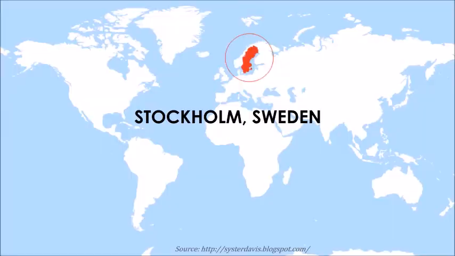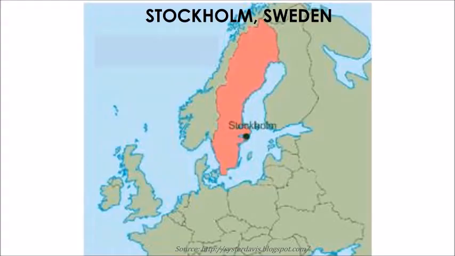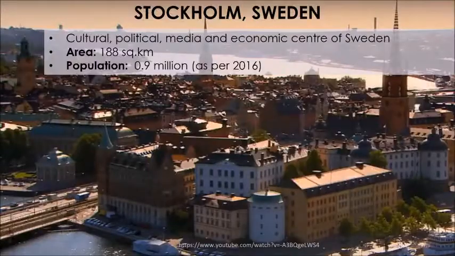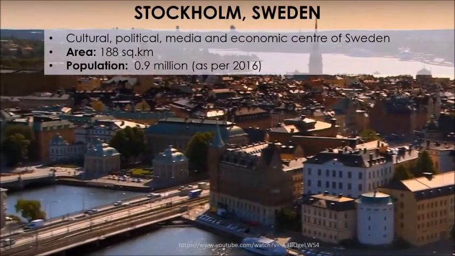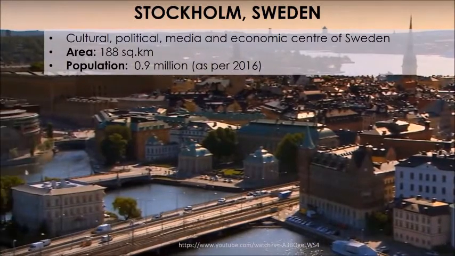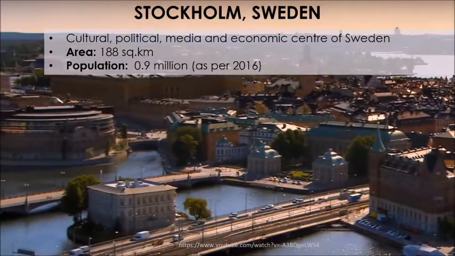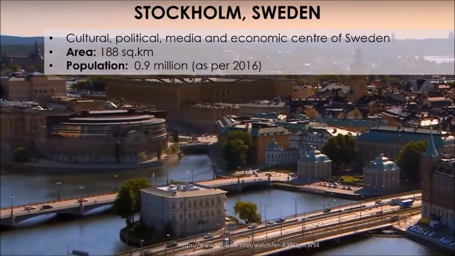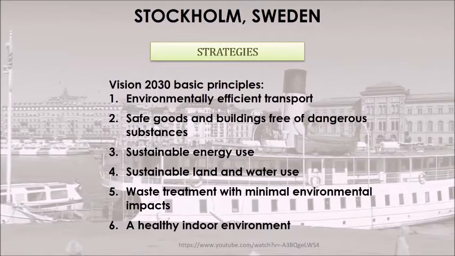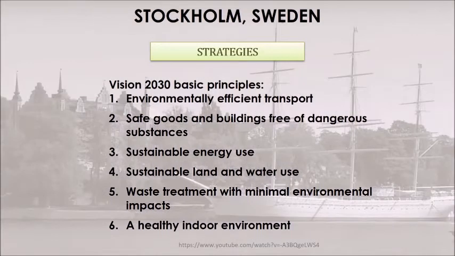Next we come to Stockholm in Sweden, and you can see the location of Stockholm here. Stockholm had a population of less than 1 million and an area of nearly 200 square kilometers. It is the cultural, political, media and economic center of Sweden, and Stockholm had a vision for the city, that is Vision 2030.